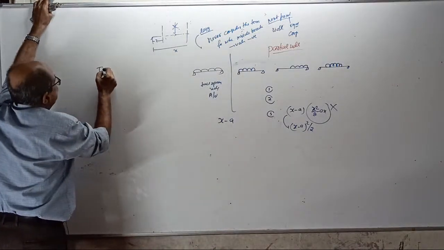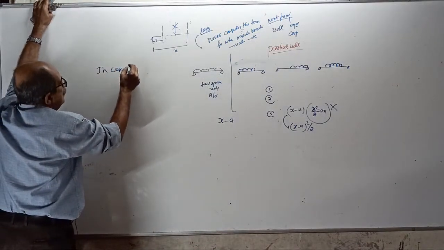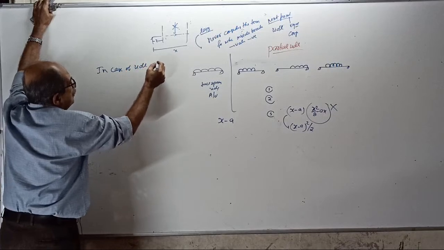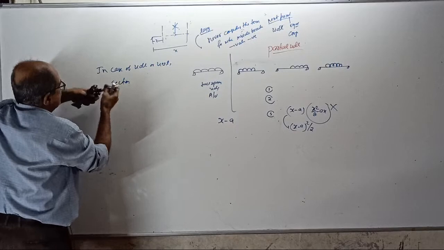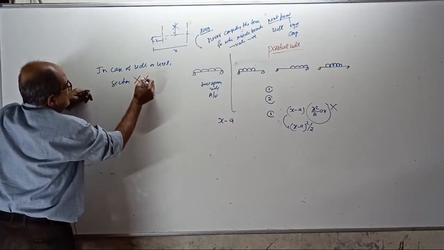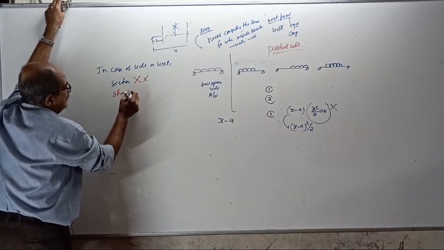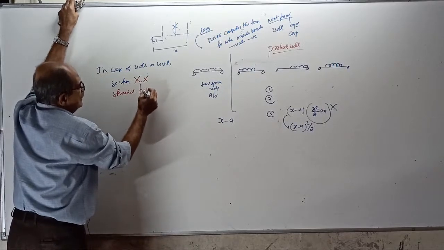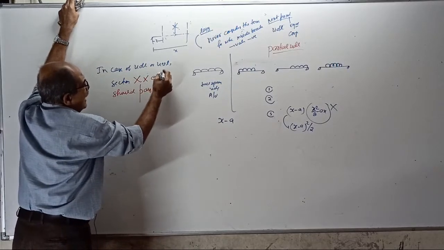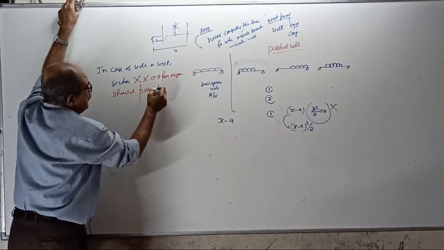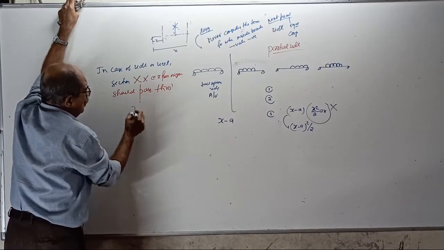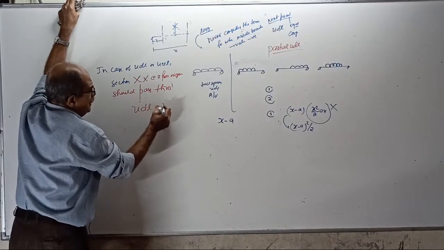In case of UDL or UVL, section XX at x from origin should pass through the UDL or UVL.